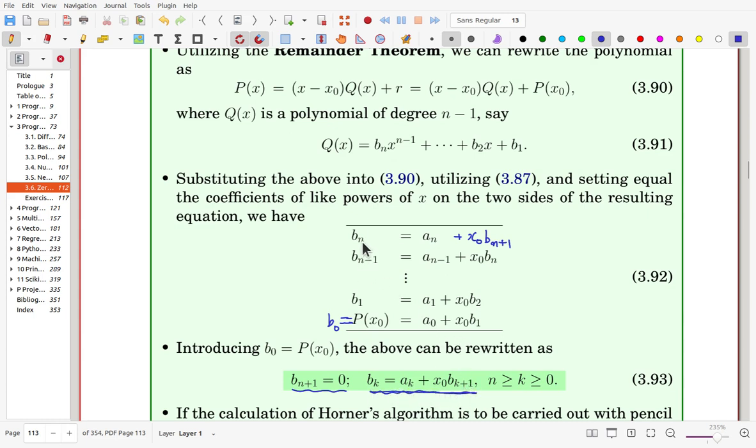Here, b_k is a_k plus x0 times b_{k+1}, all the way, in the same form. So by using this recursive formula, we can get all b values, and the last one, b0, will be the desired value, p at x0. So we can implement this, but we have to start with b_{n+1} equals 0 as initialization, and use this recursive formula.